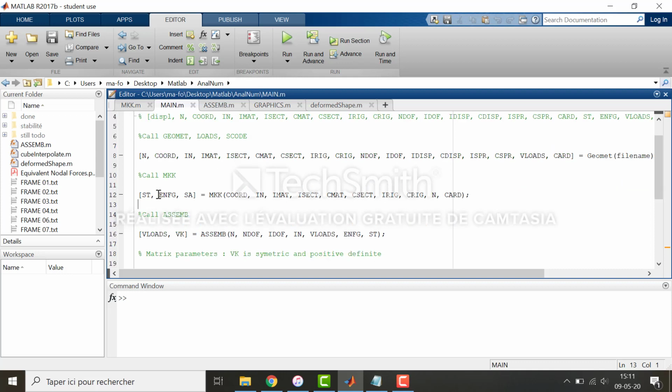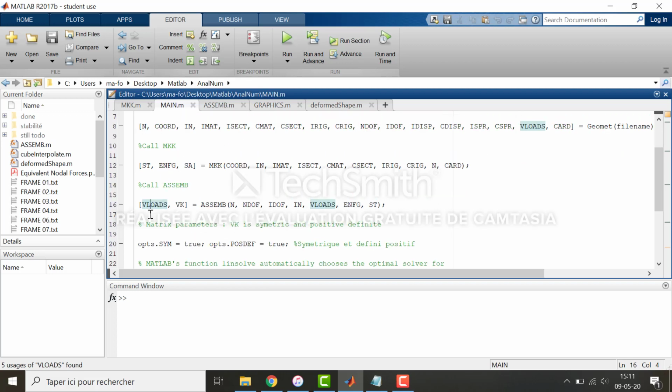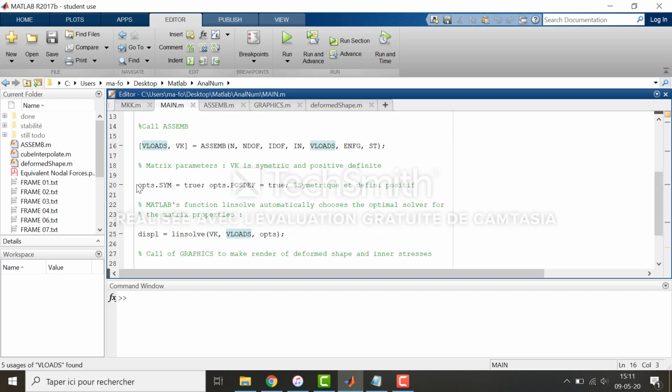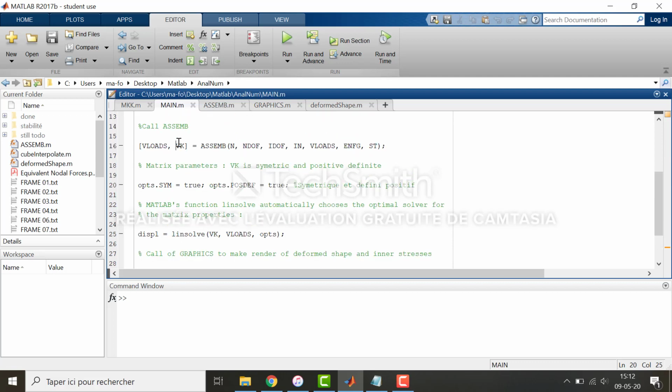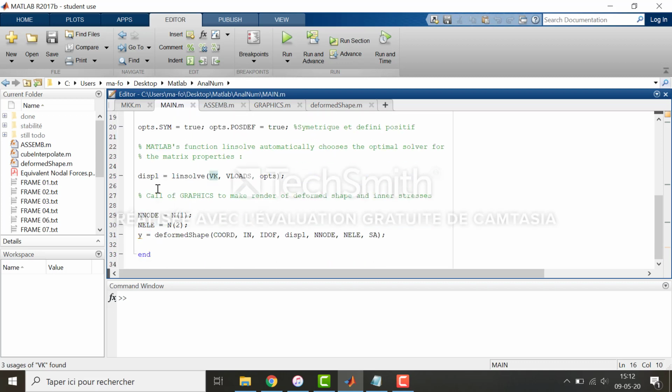Okay, then once we have the stiffness and the equivalent nodal forces, we assemble them into a global stiffness and global equivalent nodal forces, and we can solve the system by the use of linsolve for a symmetric and definite positive matrix as Vk, which is the stiffness. Okay, and then once we have called this, we have the displacements, and there is a deformed shape to make the rendering.